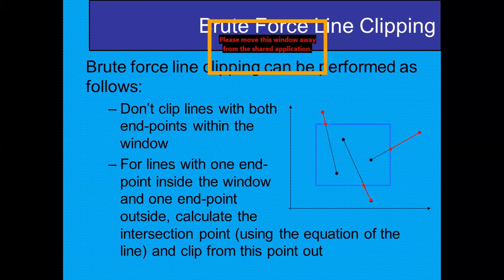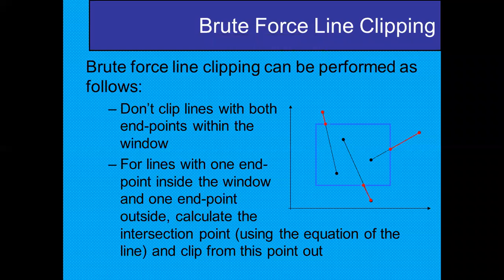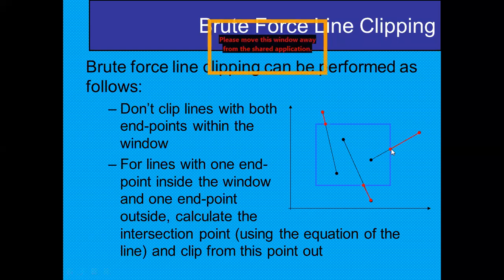Second, for lines with one endpoint inside the window and one endpoint outside the window. Now here we can see there are several examples given. Here you can see the red portion. This is the extension, and this red portion is outside of the window. Similarly, in this case, they are indicating these red points on the window boundary as the intersecting points. This is a complete line segment, again a complete line segment, but the major portion is lying inside.